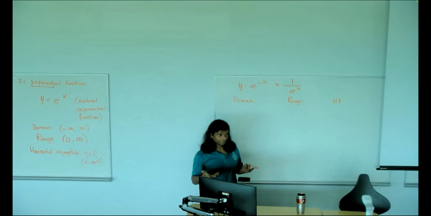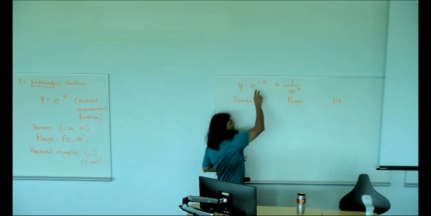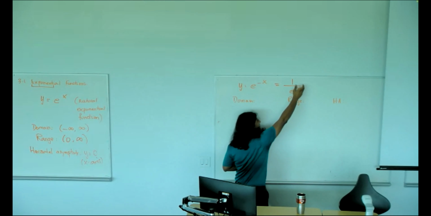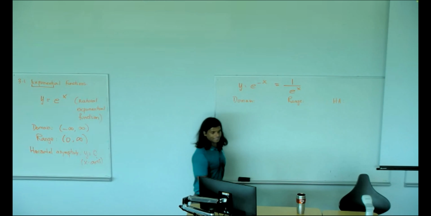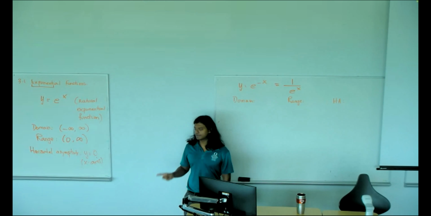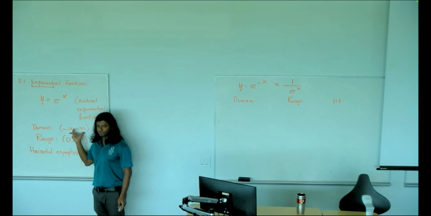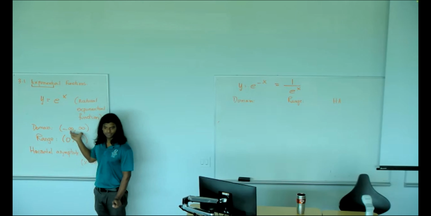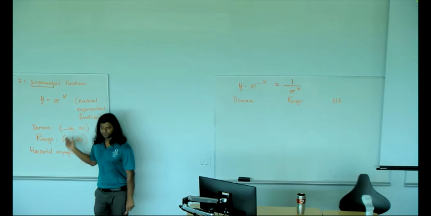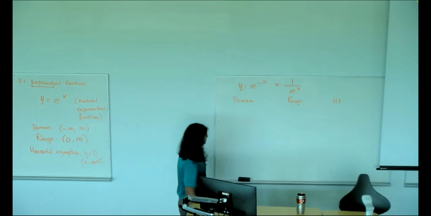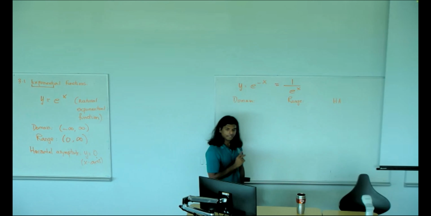Agree? Okay. So you can rewrite e raised to -x as 1 over e raised to x. What do we know about e raised to x? It can take any value of x from negative infinity all the way up to positive infinity. Agreed? So, naturally, the domain is negative infinity to positive infinity.